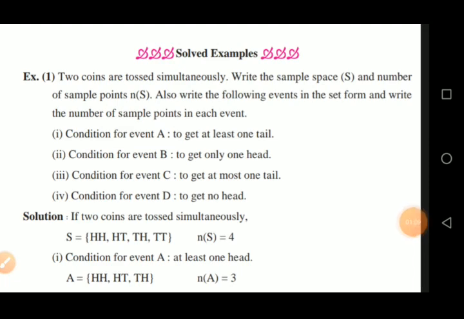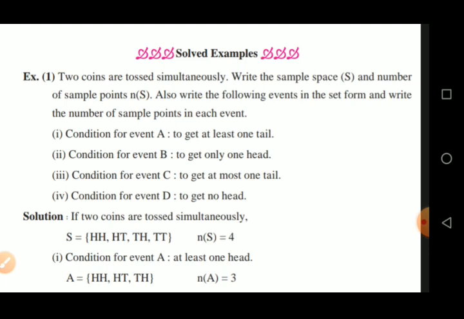Now see the example. Two coins are tossed simultaneously. Write the sample space S and the number of sample points, n(S). Also write the following events in set form and write the number of sample points in each event. Below that, 4 events are given.